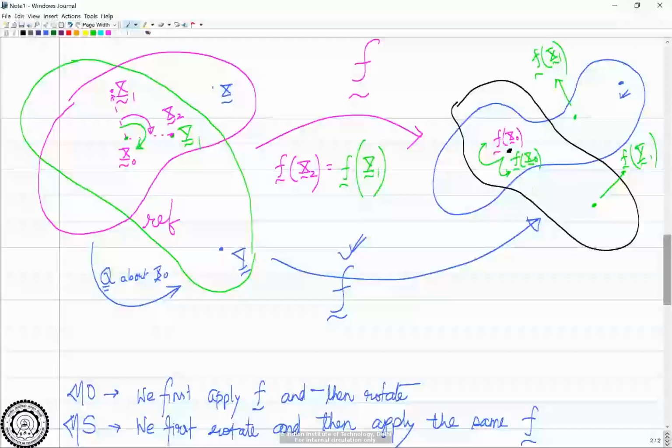It was because we wanted to use this physics that if you rigidly rotate a deformed body, the energy does not change. Yes, sir. So therefore, we had to apply rotation afterward. But here, we cannot apply rotation afterwards because we are doing a different concept now.